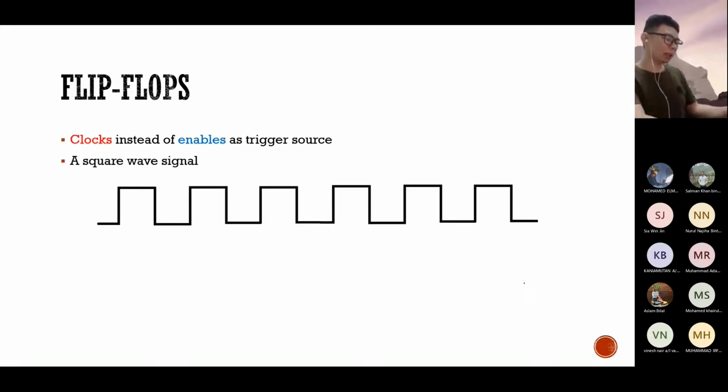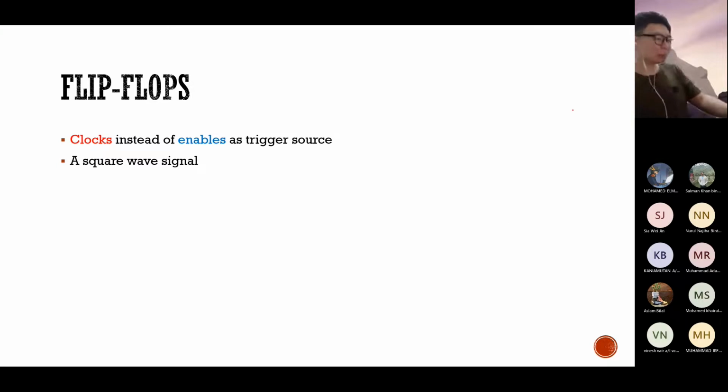In latches, remember that we have, let's say, an SR latch with outputs Q and Q bar. Let me draw that. In the SR latch, we can have an enable, usually drawn like this.